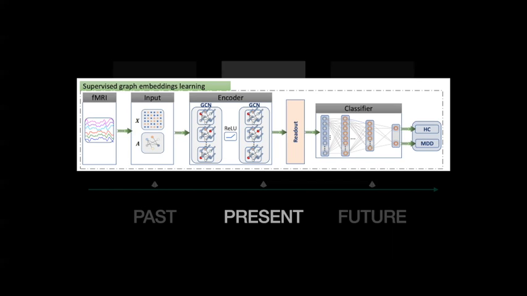And with the classifier, we can classify the output into either normal or patient with depressive disorder. And similar approaches were proposed in recent years, like I think in 2020 and 2021, there were several papers talking about using GCN to diagnose either autism spectrum disorder or even Alzheimer's disease.